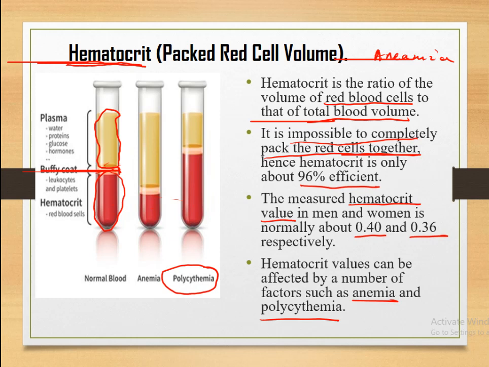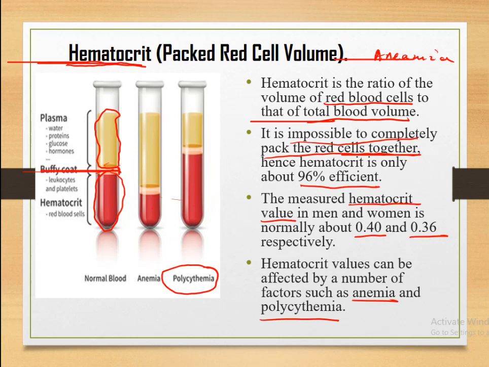Now, we have discussed the hematocrit value. Please make sure that you understand these values. Make sure that you know what factors make a difference in terms of hematocrit value, and that you know the definition of hematocrit value, which is just the ratio between the red blood cells and the total blood volume.